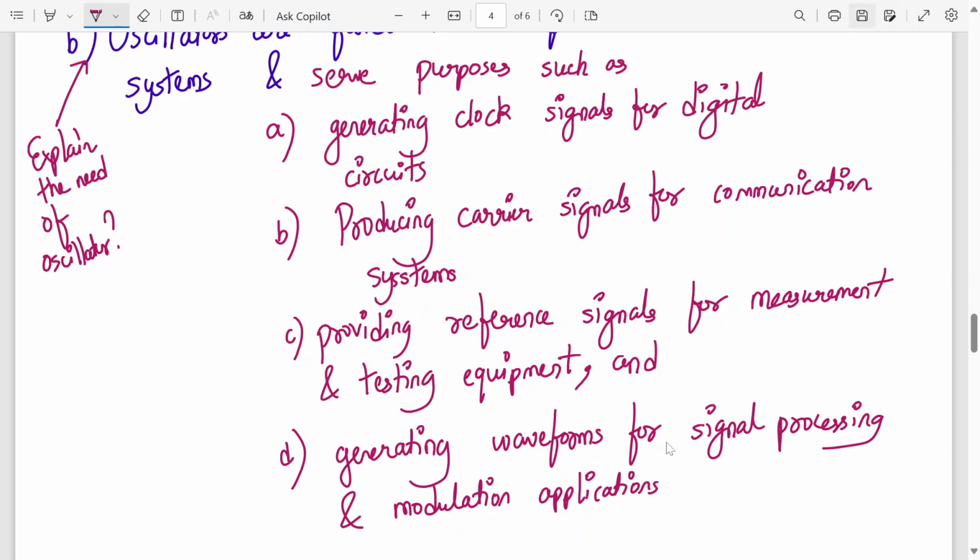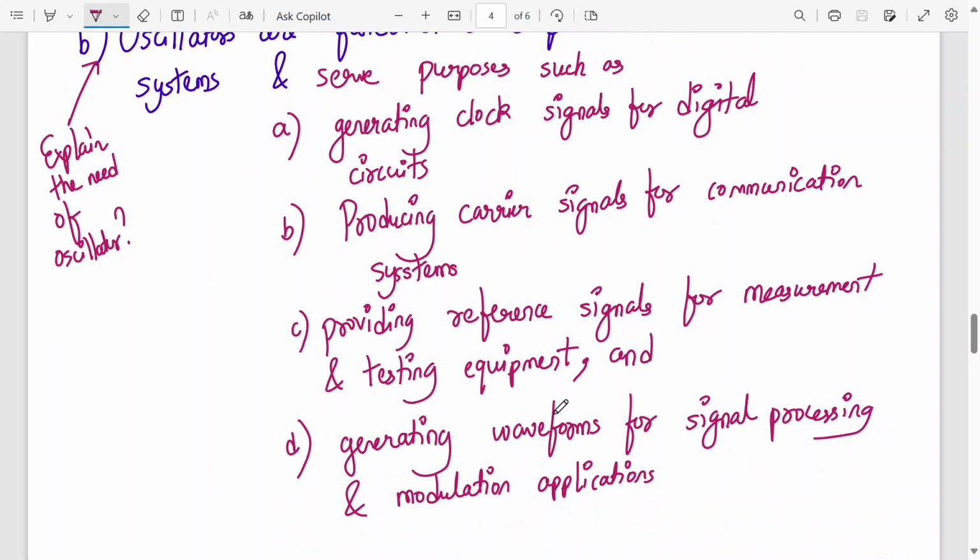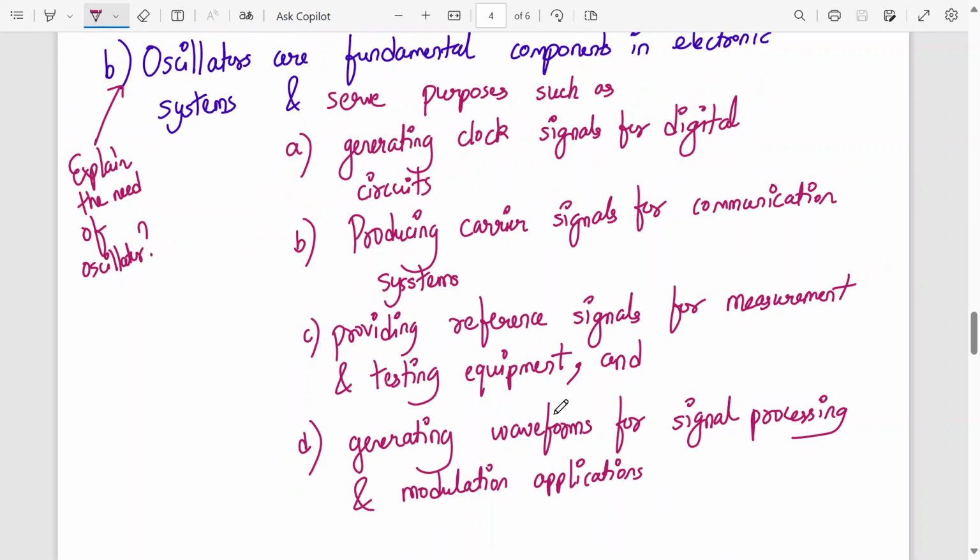Okay, so these points you have to write forward for the answer to the question: explain the need of oscillator. Okay, there is a few more points, one last point which you can add. Have you completed up till here?